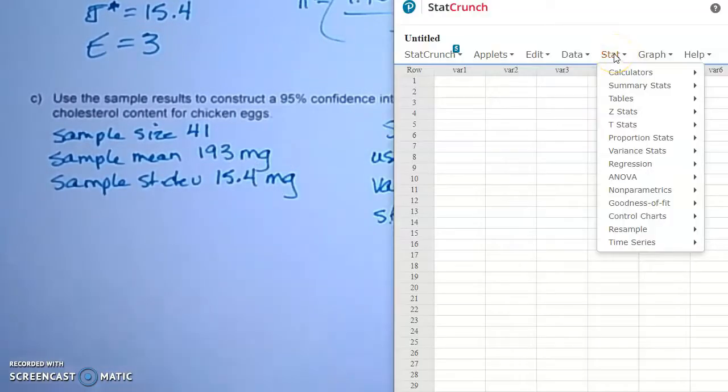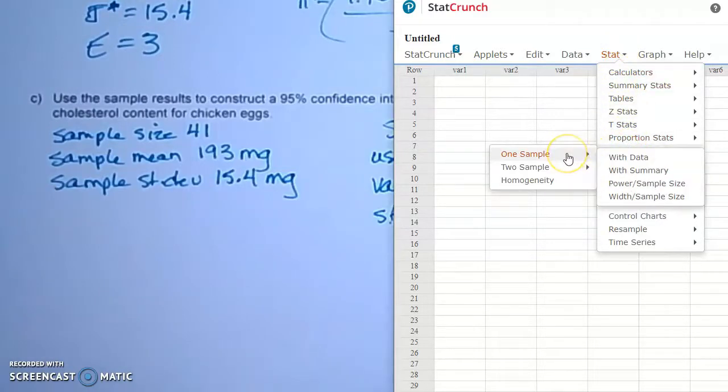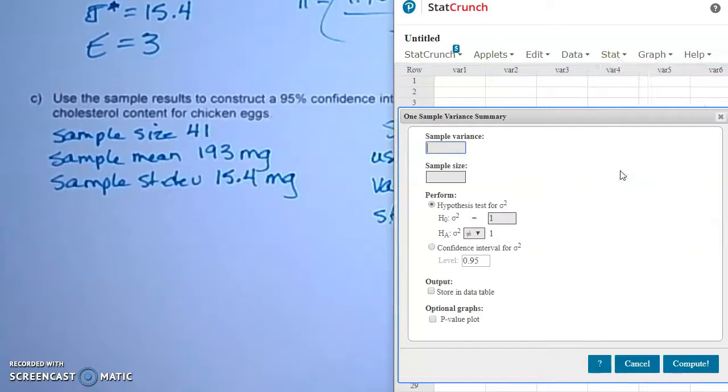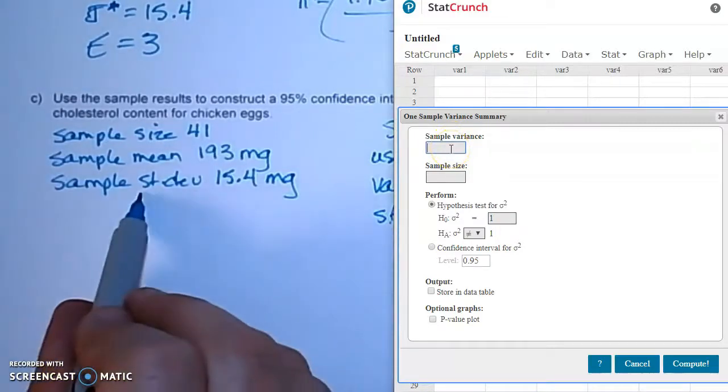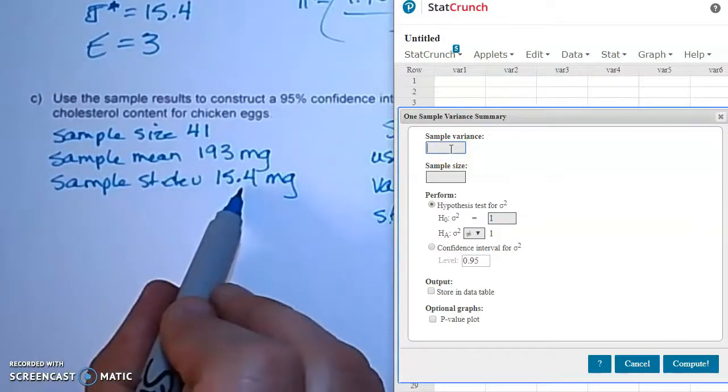In StatCrunch, we're going to choose the variance stats, one sample with summary. Since we don't have a data set, we just have summary information from the sample. Here's where you have to be very careful about what numbers you're putting in. Notice what it's asking for. Right here is the sample variance. We don't have that, we only have the sample standard deviation.